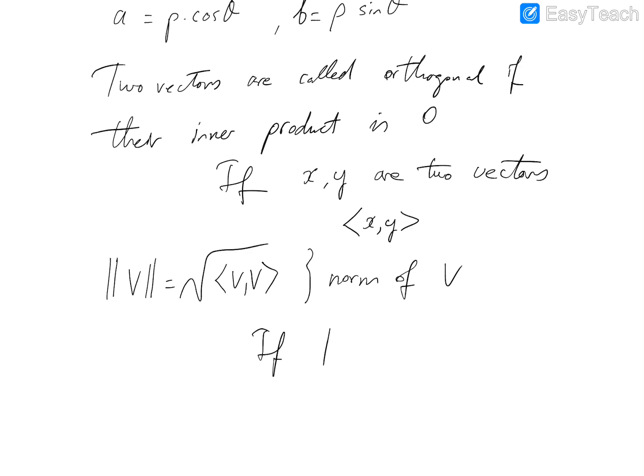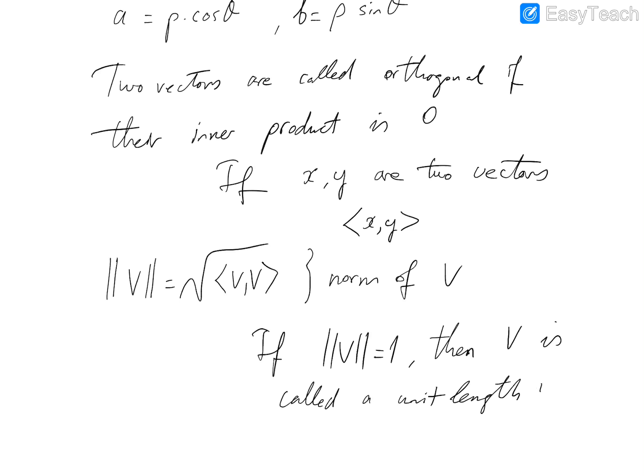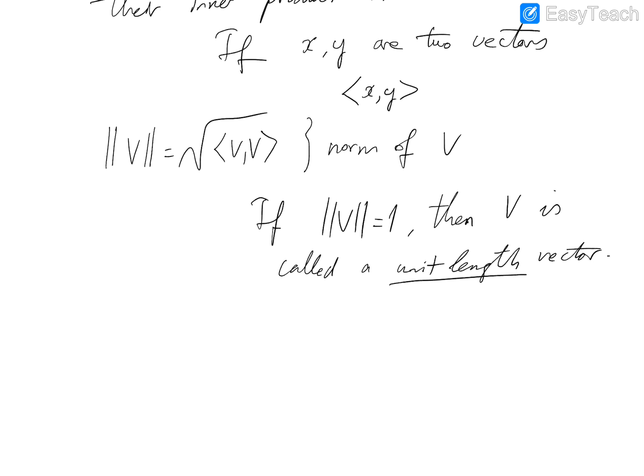And if the norm of v is equal to 1, then the vector v is called a unit length vector. All right, so an orthonormal set of vectors is a set in which every vector is pairwise orthogonal, and they're all of unit length.